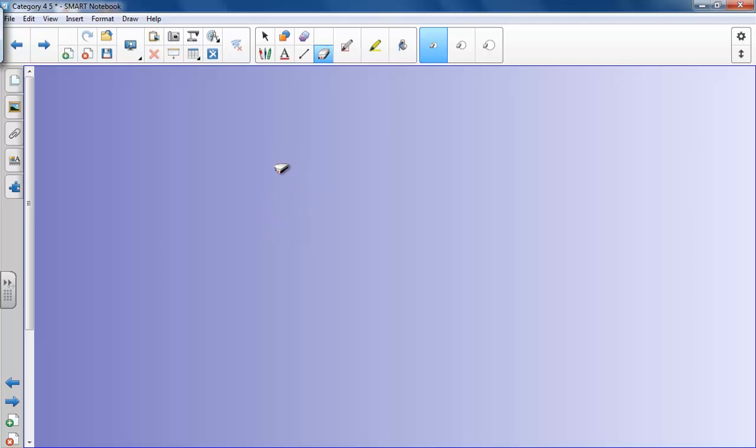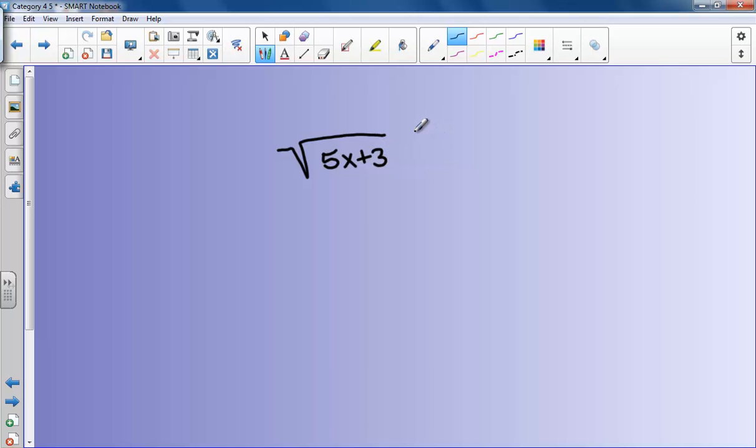So let's just say we have an inequality, let's say the square root of 5x plus 3 is greater than or equal to 9. The fastest way to solve this is going to be to graph this side, find your intersection point, and on the number line we can mark our intersection point, and there should only be one for a square root.